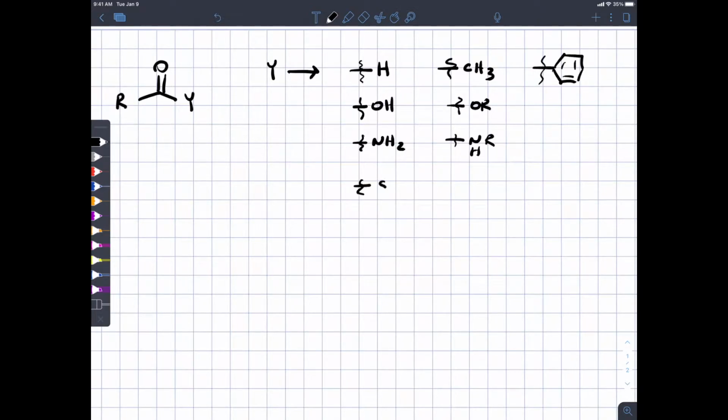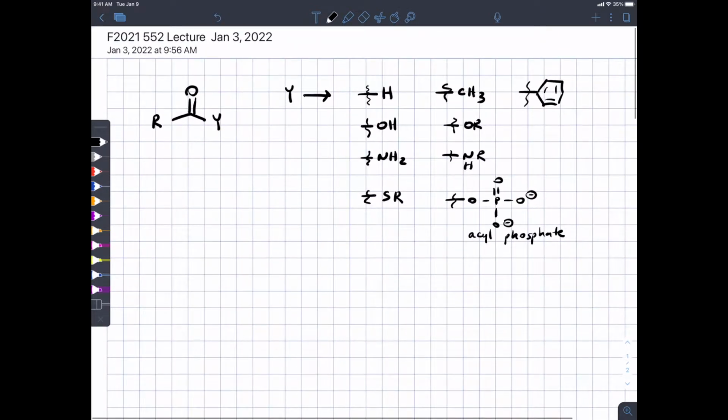If it were an SR group, that's a thioester. And if it were a phosphate, that would be a mixed phosphoanhydride or perhaps an acyl phosphate. These are important intermediates in some biological reactions, but they all share this same carbon-oxygen double bond.